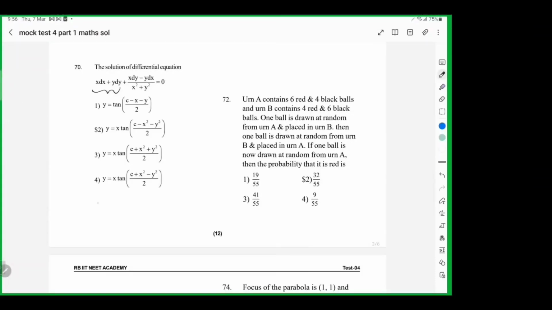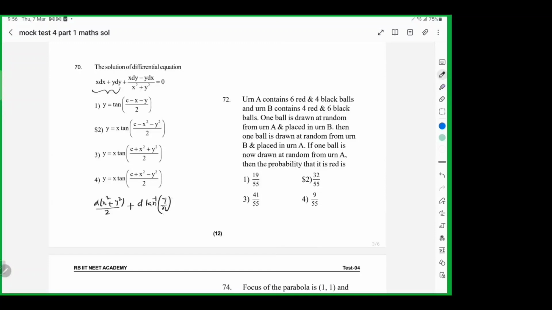70th d of x square plus y square, 2x dx 2y dy by 2. This I will write d of tan inverse y by x is equal to 0.